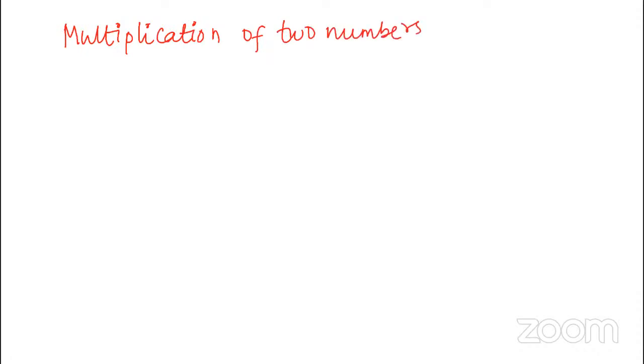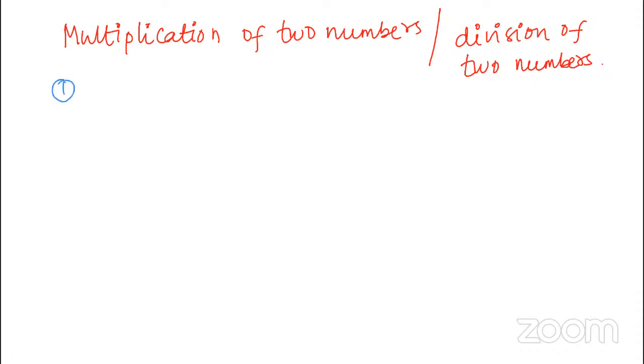Go for the next one. Multiplication of 2 numbers or division of 2 numbers. Okay. So here also we have to take one example.